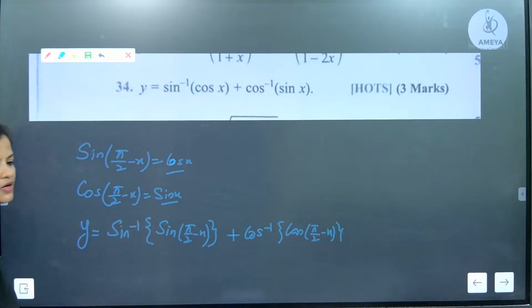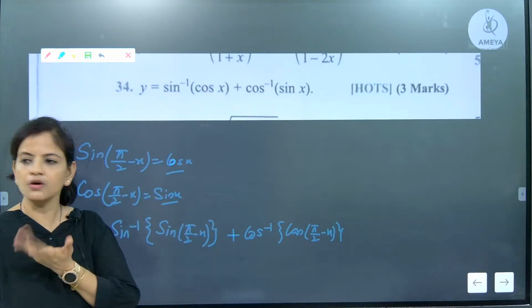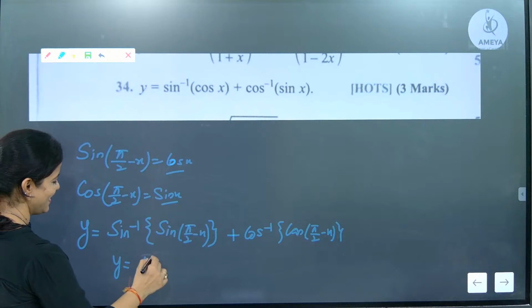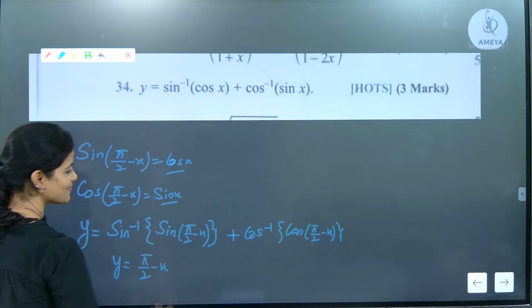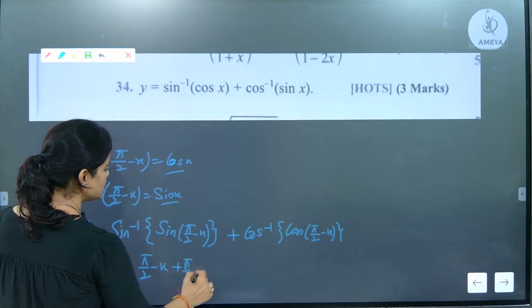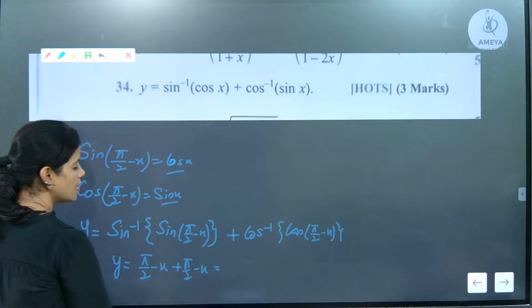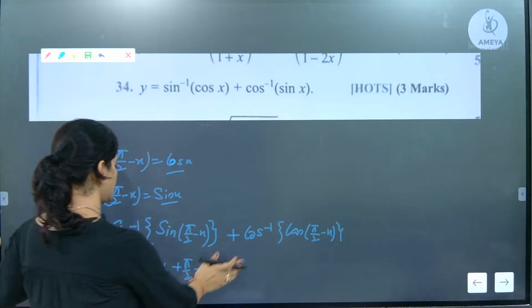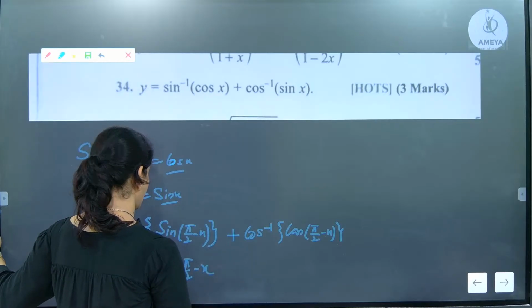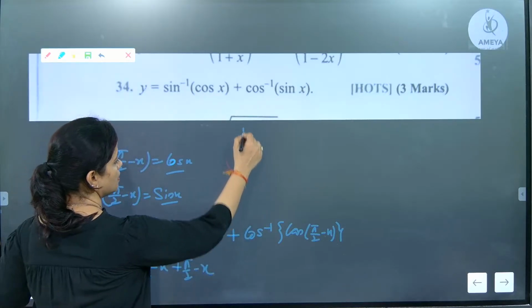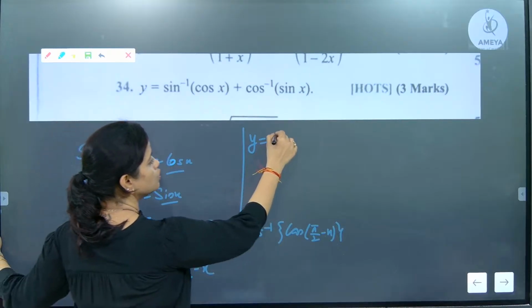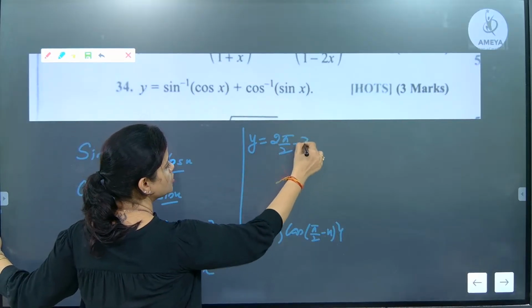Now sin inverse sin goes away, cos inverse cos goes away. What is left is pi by 2 minus x plus pi by 2 minus x. So here y will be written as y equals 2 pi by 2 minus 2x.